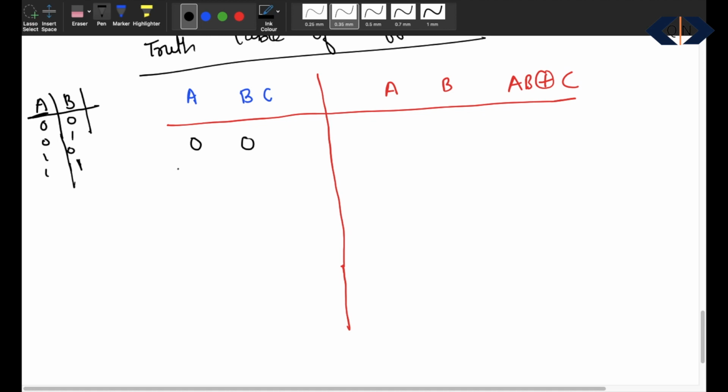So for 0, 0, C can be either 0 or 1. First case 0, then again if AB is 0, 0, C can be 1. So for each input there will be two corresponding inputs along with C. So we can write all other combinations.